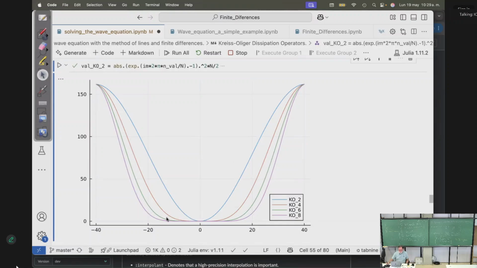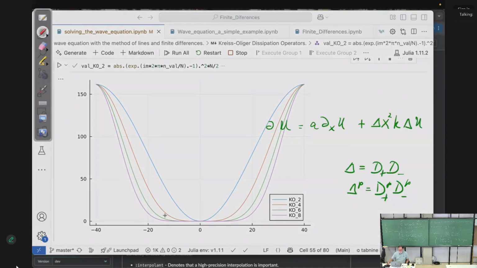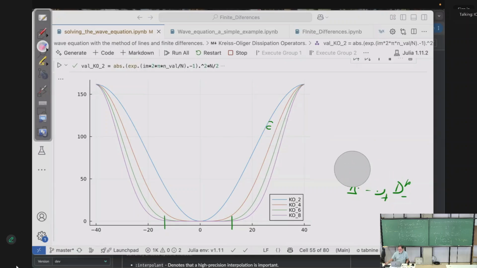And you see for low frequencies they almost don't do anything. I mean, the second order is pretty bad, but the other ones are very nice. For frequencies up to here, say, they don't do much, but they kill all the high frequencies. Here the real part is negative and very big, so these are killed almost immediately. So you get a solution which just has frequencies in this range.